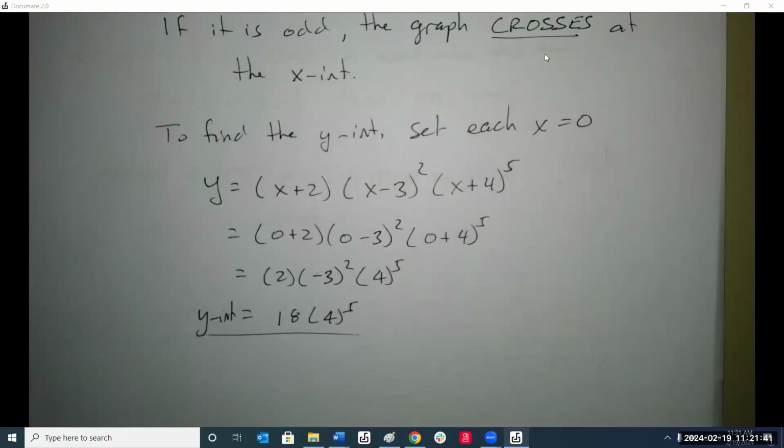All right, the next two parts of this section deal with using calculators or any type of technology you want to.